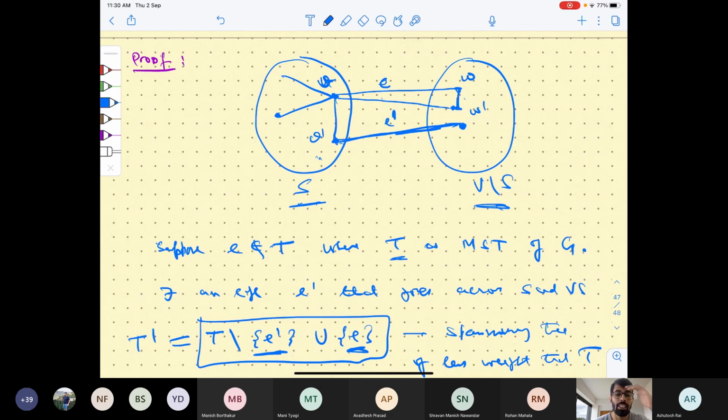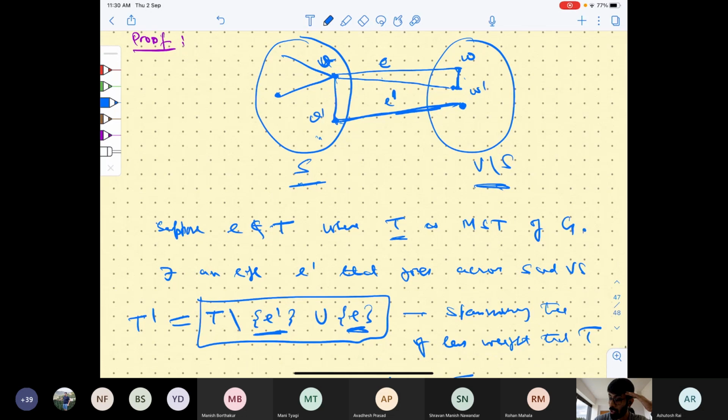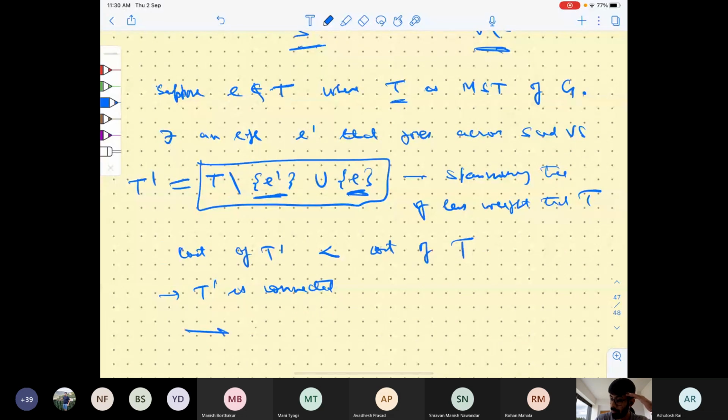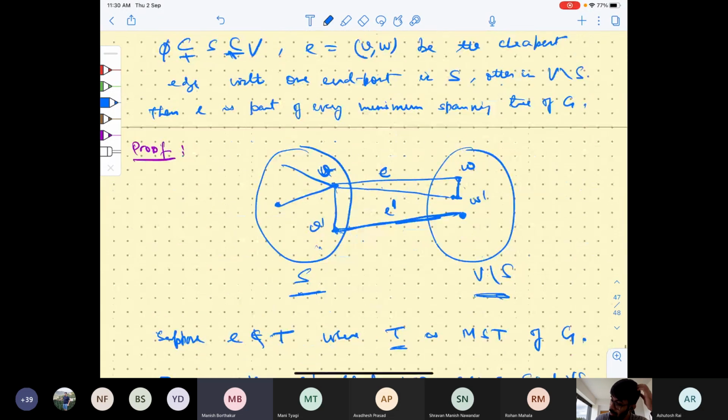Yeah, now Manish, you were saying something about how this does not work definitely. Yes, sir. I wanted to say that when we select E prime, we have to choose an E prime such that E and E prime are in the same cycle. Because if we don't, then adding E won't connect the graph.